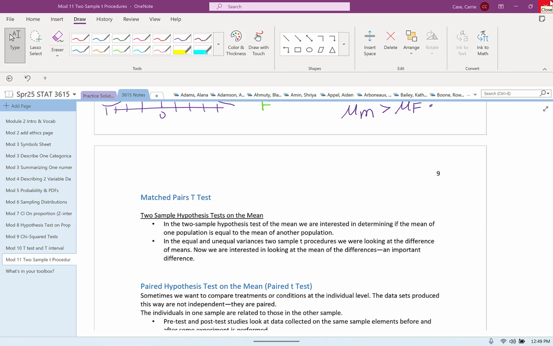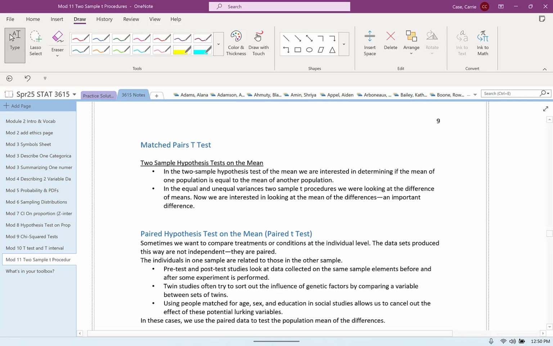Okay, so we are now going to be talking about the matched pairs t-test and t-interval. In the two-sample hypothesis test of the mean, we're interested in determining if the mean of one population is equal to the mean of another population. In the unequal and the equal variances two-sample t procedures, we were looking at the difference of means.